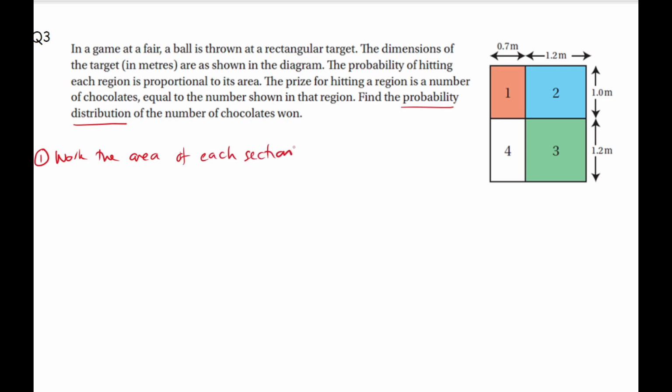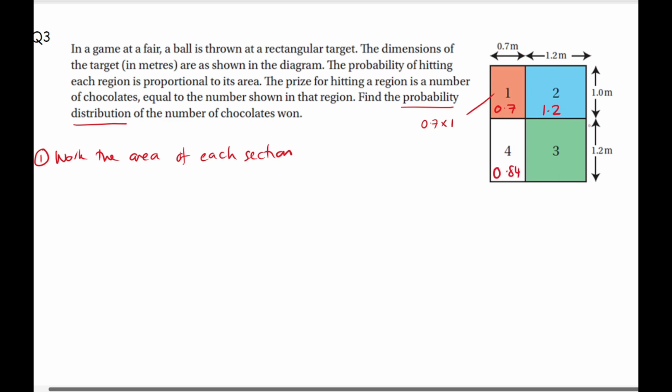So if I do that, all I've got to do is just multiply. For this number 1, it's going to be 0.7 multiplied by 1, which is 0.7. Then I've got to do 1.2 times 1, which is 1.2. 0.7 times 1.2, if I do that on my calculator, I get an answer of 0.84.